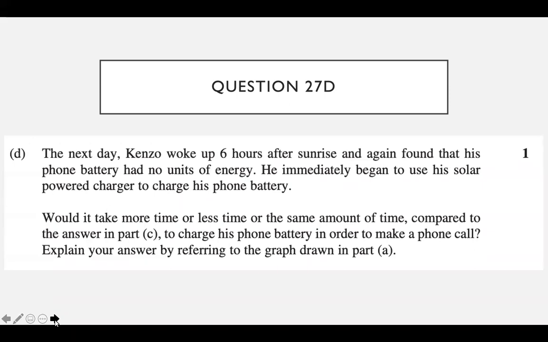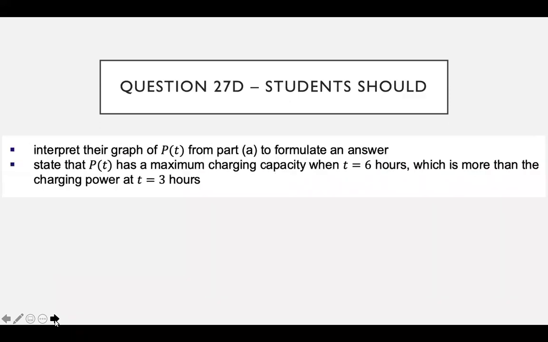He immediately began to use his solar-powered charger to charge his phone battery. Would it take more time or less time, or the same amount of time compared to the answer in part C, to charge his phone battery in order to make a phone call? And specifically, explain your answer by referring to the graph drawn in part A.